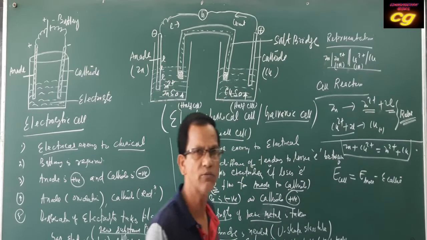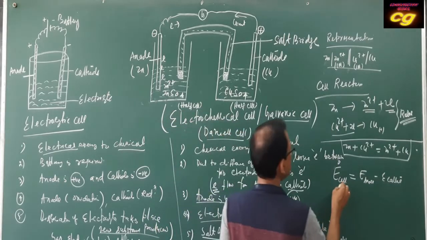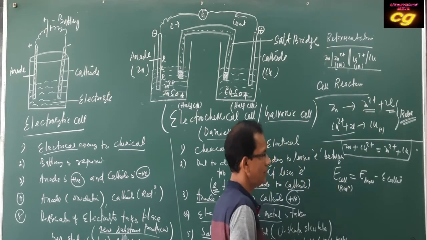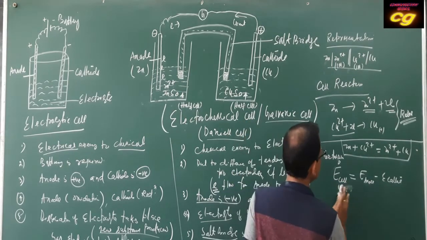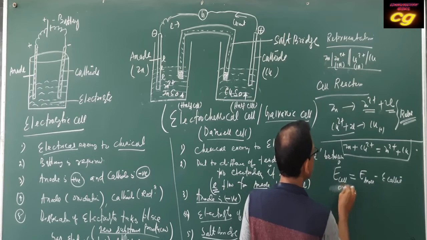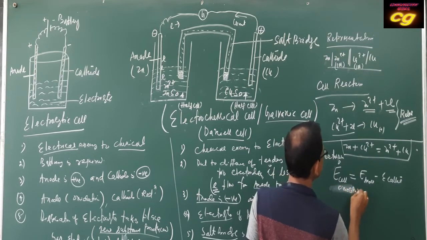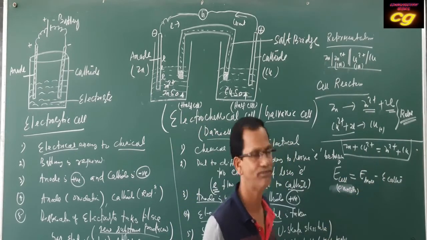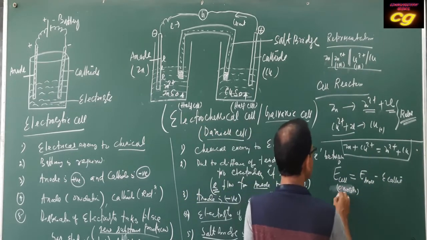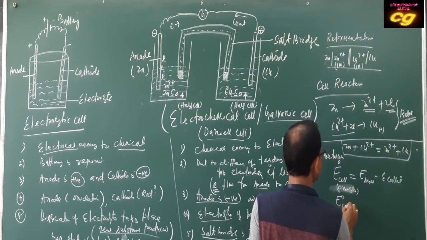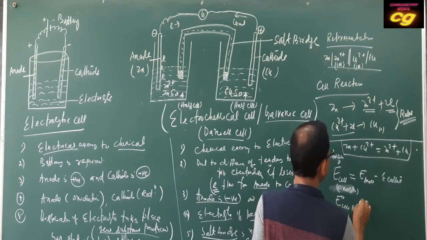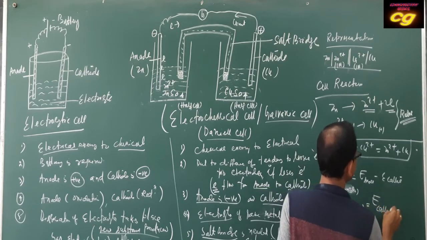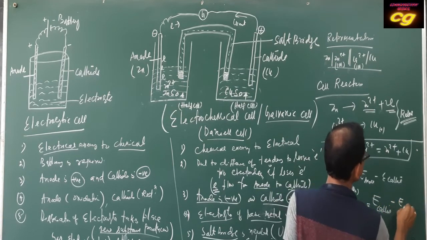This is the potential in terms of oxidation: E anode minus E cathode. In terms of reduction, E cell is equal to E cathode minus E anode.